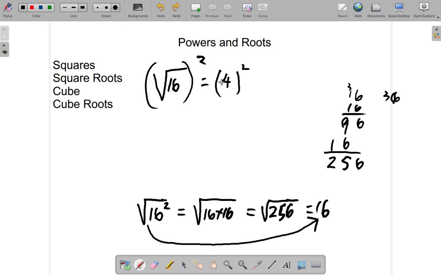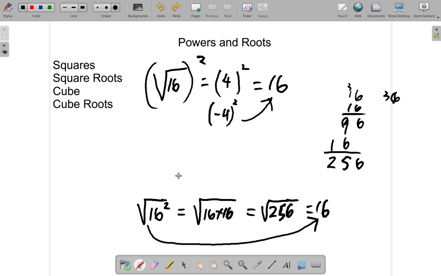The square root of 16 is 4. 4 squared gives you 16. Alright, we could consider the negative 4 too. The square root of 16 is also negative 4, and when you square that you get 16.